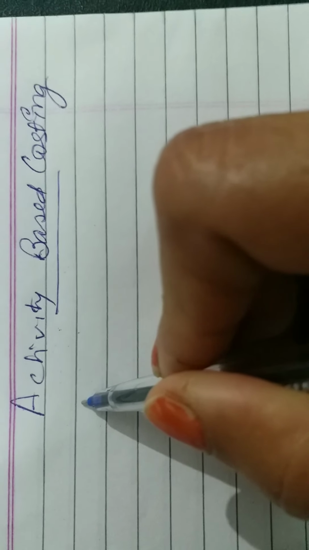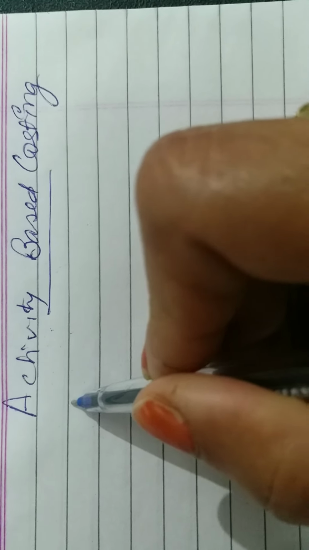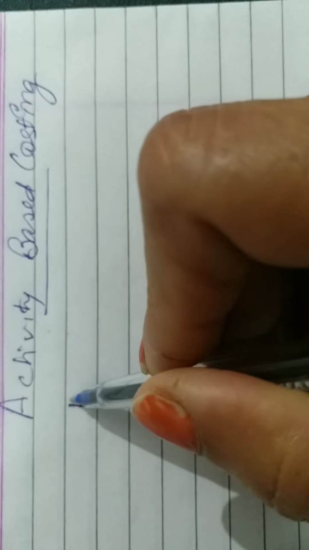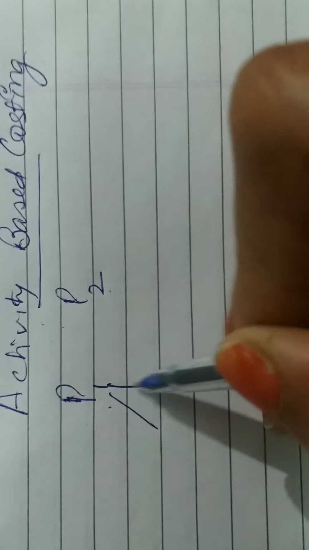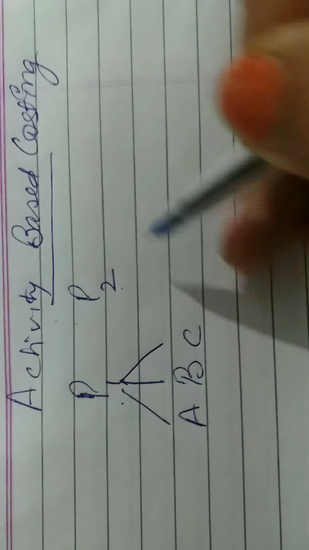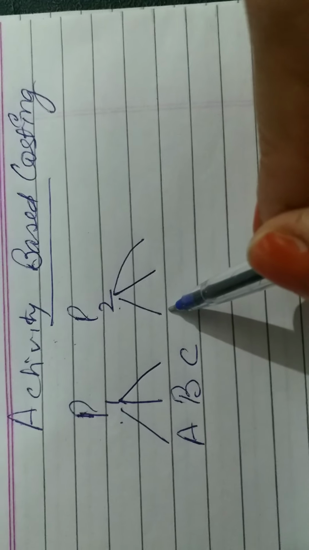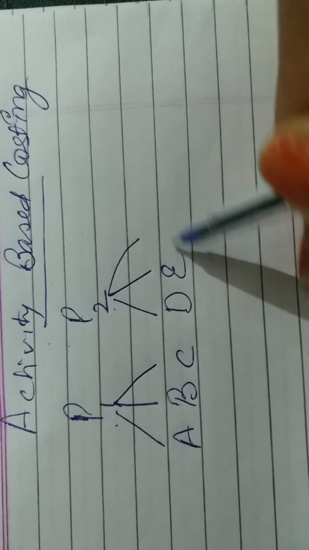But let me tell you the base again. If you remember, in one of the overheads tutorials I explained this: suppose I have two production departments, P1 and P2. P1 is manufacturing products A, B, C, and P2 is also manufacturing three products, and together they form one factory.